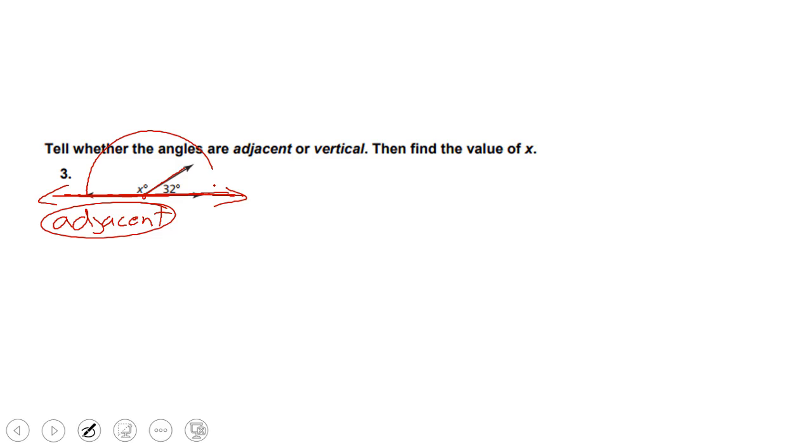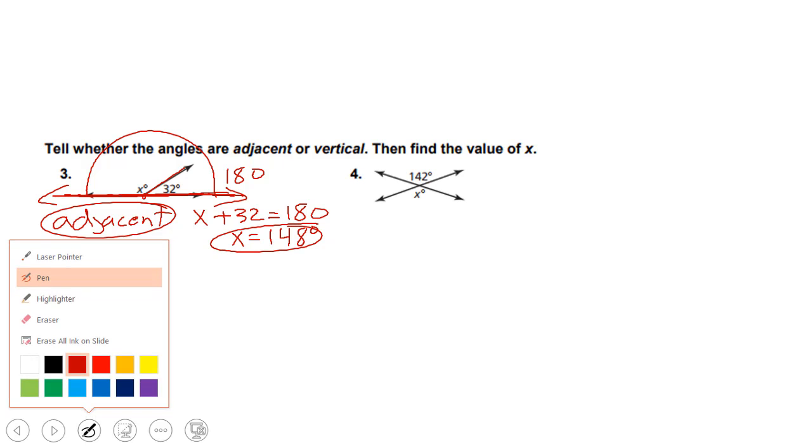A straight angle is half a circle, which is 180 degrees. So x plus the 32 has to equal 180. When I subtract the 32 from both sides, I get x equals 148 degrees. Very nice.